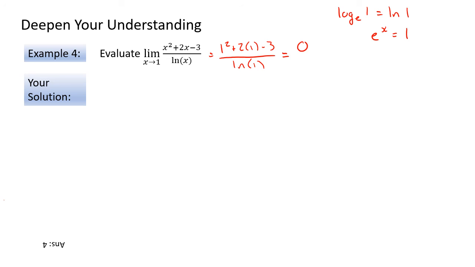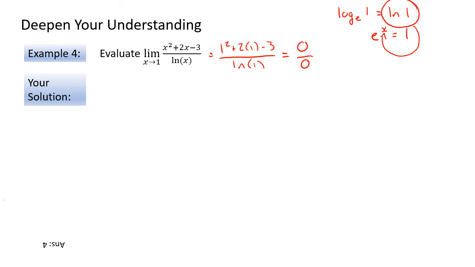For any of these functions to equal 1, the exponent would have to be 0. So the ln of 1 is 0, because what this is solving for is the exponent. So we end up with 0 divided by 0.